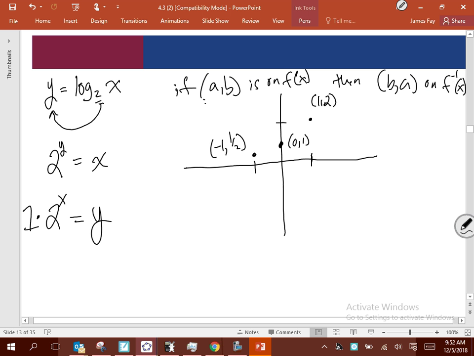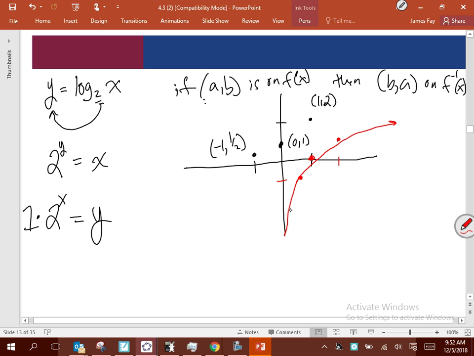So all you gotta do is flip the order of terms, correct? So tell me what you have: 1/2, -1. You'll have 1 comma 0, and you'll have 2 comma 1. So those 3 red points will be the key points that we use to graph our logarithm.